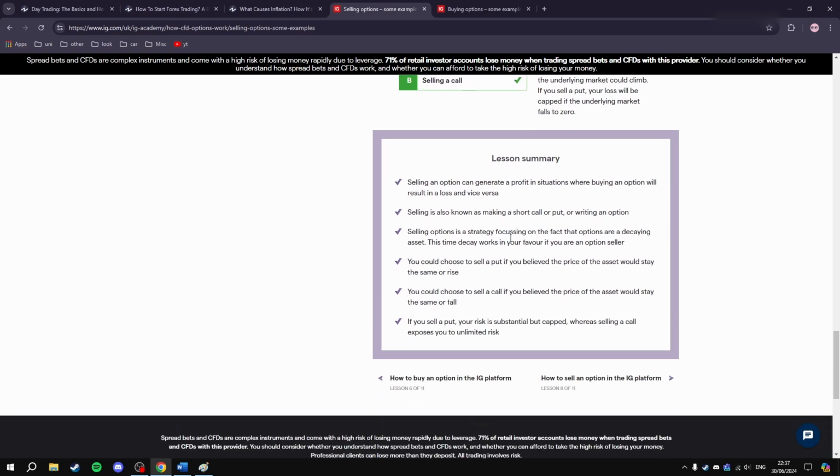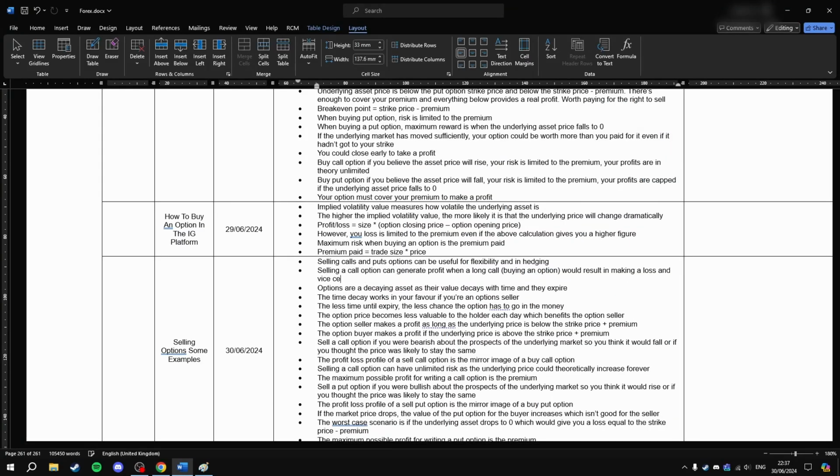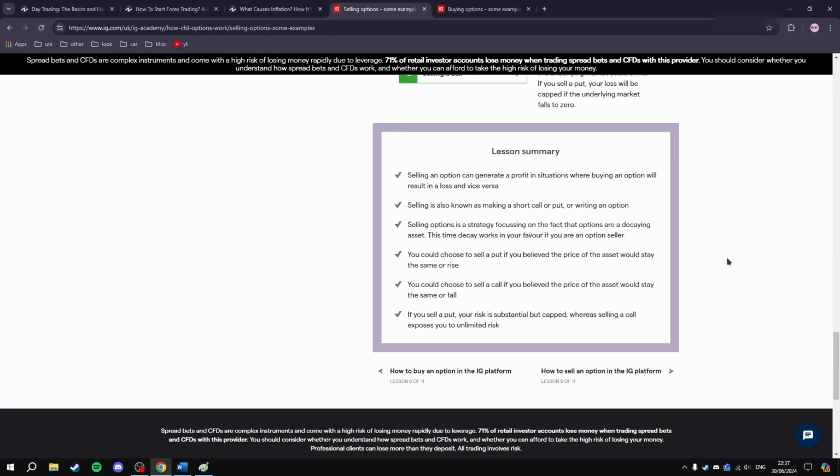Okay, lesson summary then. Selling an option can generate a profit in situations where buying an option will result in a loss, and vice versa. Selling is also known as making a short call or put, or writing an option.